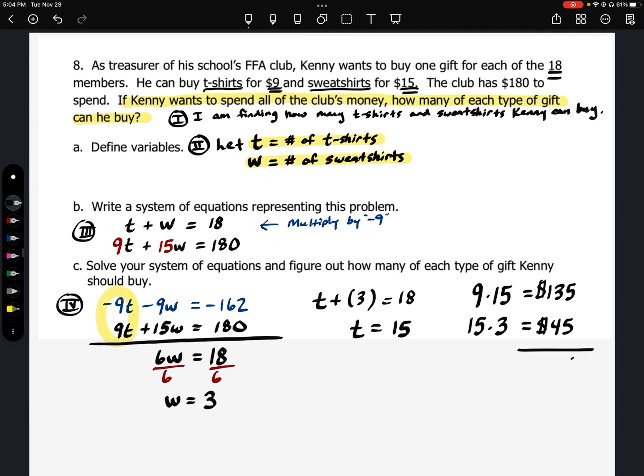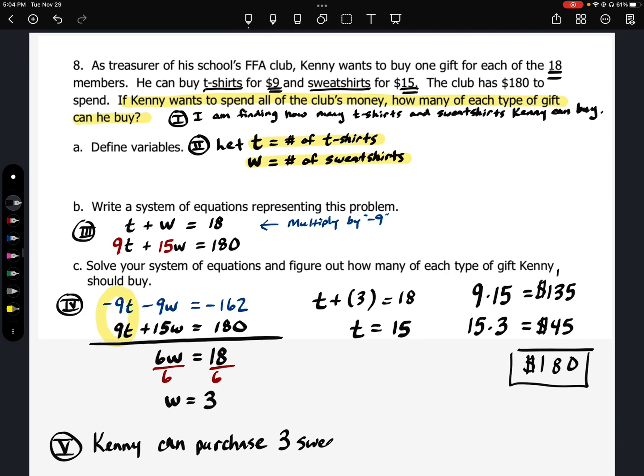If we add those together, we are going to end up with exactly $180. So to answer the question for Kenny, Kenny can purchase 3 sweatshirts and 15 t-shirts. And that would be our answer.